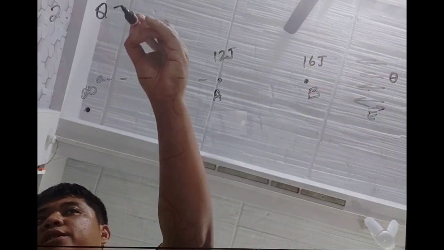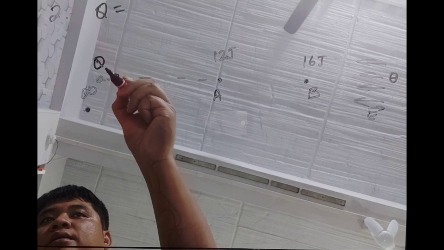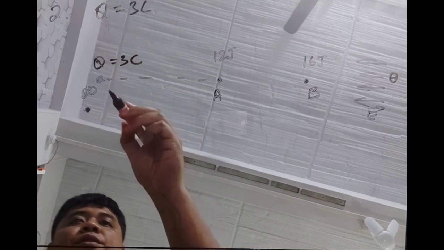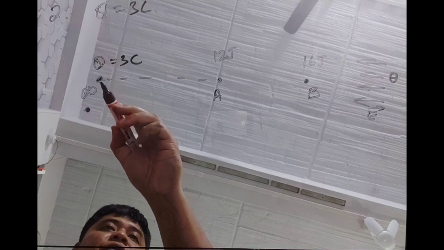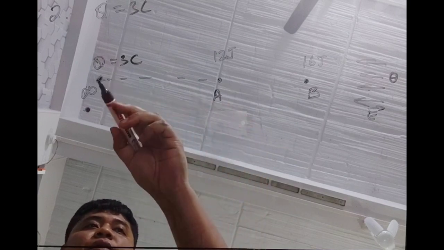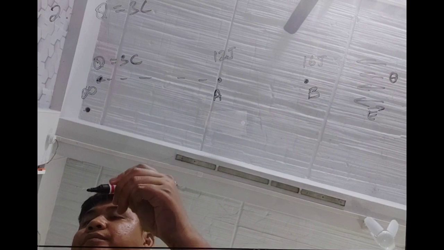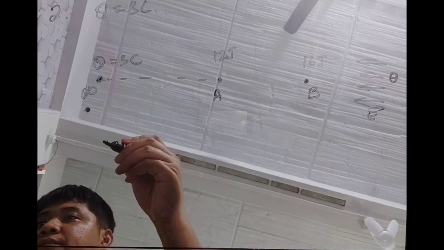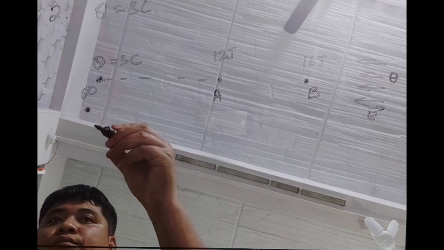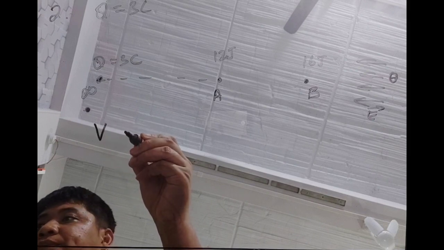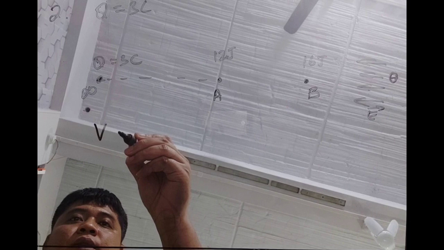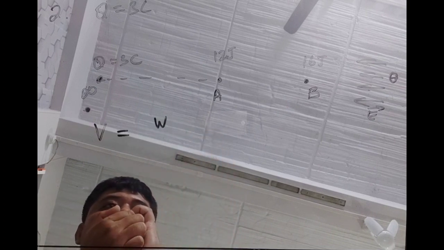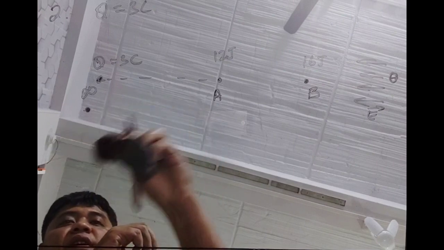Then the amount of charge, Q, is 3 coulomb. 3 coulomb of charge is brought from infinity to A and then infinity to B. The potential difference, let it be V. Here we can calculate VA and VB first.